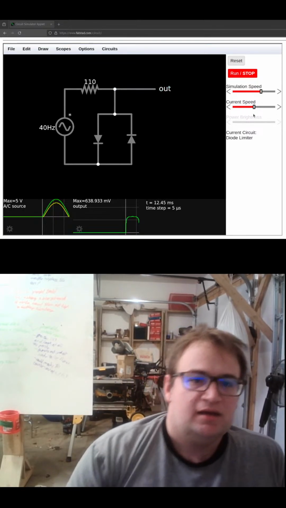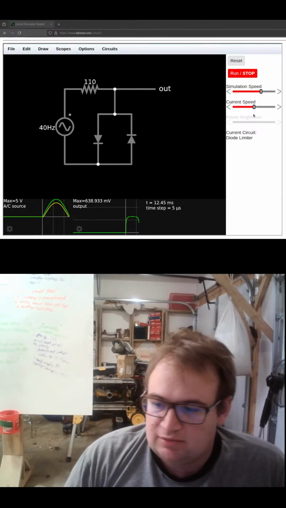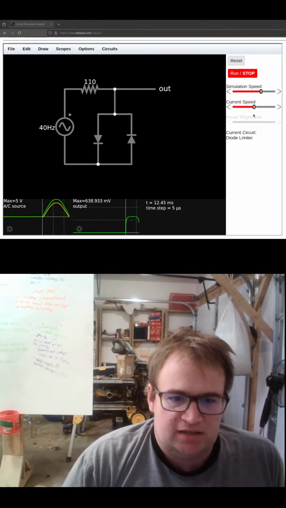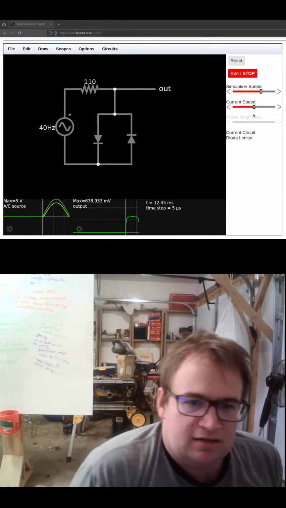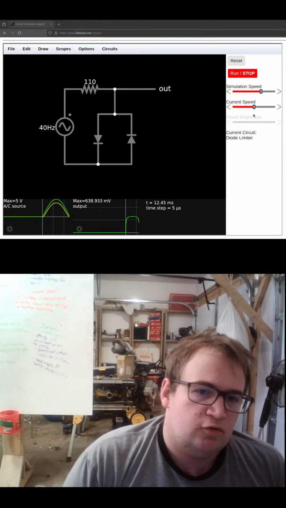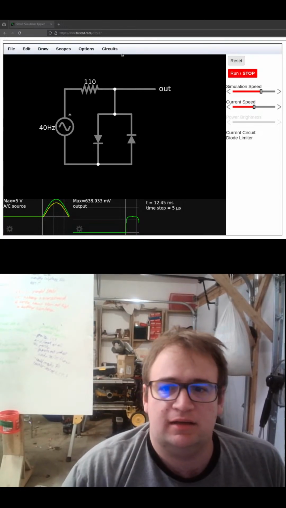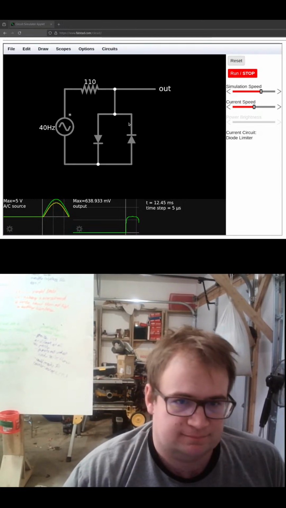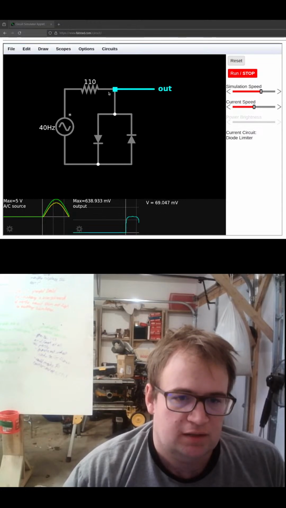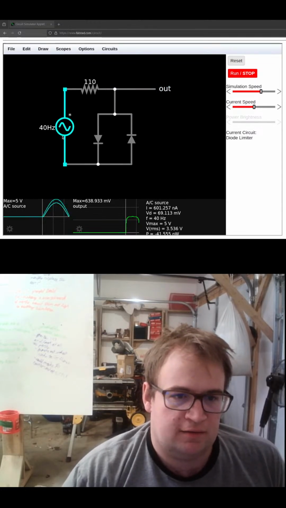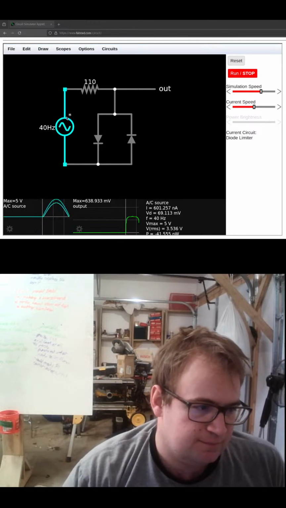That's good. Okay, so let's start with this one here. It didn't call this a half-wave rectifier, which I find is odd. It called it a diode limiter. So I would say we're going up and down at 40 hertz here.